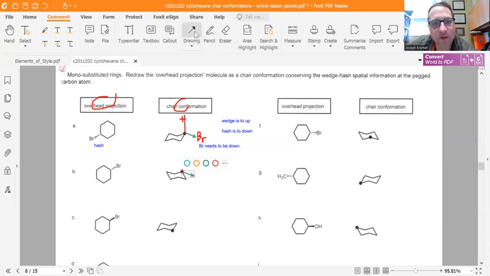I have a hash bond. It doesn't matter to me if the hash bond is going northeast or east or southwest. It matters to me that a hash is a hash is a hash. A hash means down. Pencil in bromine down. And I want to make sure this is a hydrogen here.